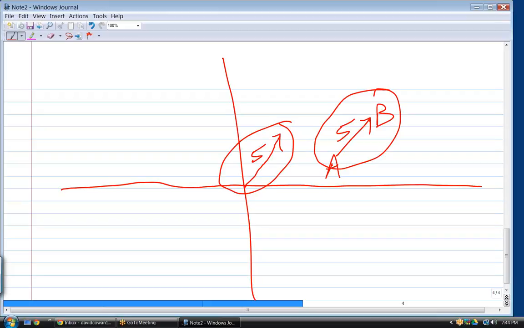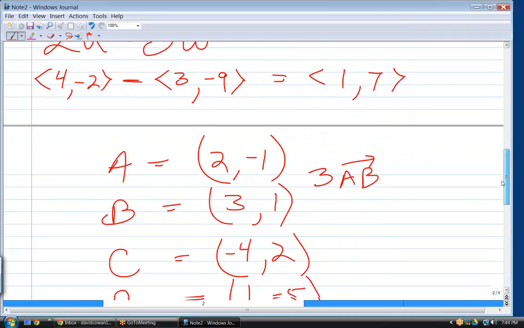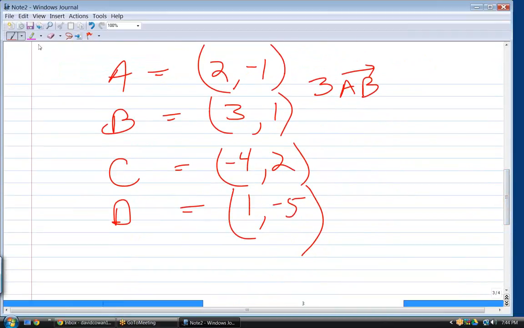Okay, in this problem, let's talk about what AB is. Forget the 3 for a moment. AB is equal to A minus B. It's equal to the vector minus 1 minus another minus 1 is minus 2. That's plus 2. Excuse me.